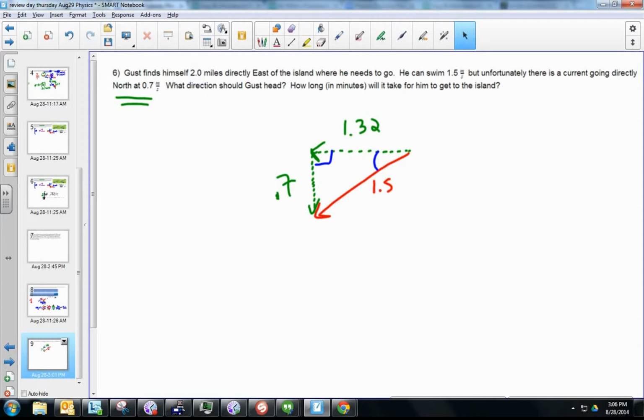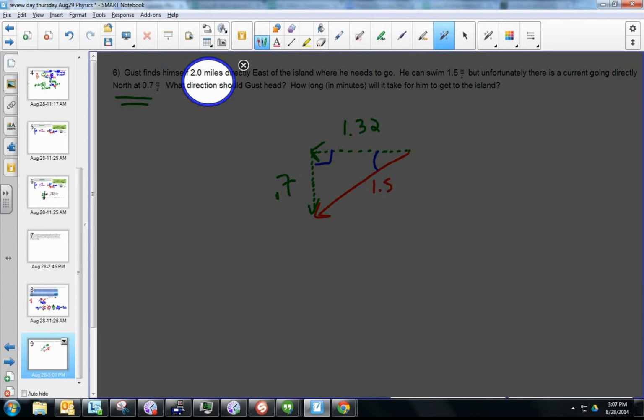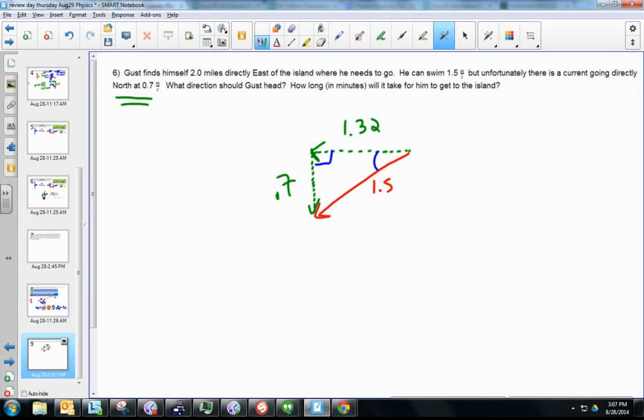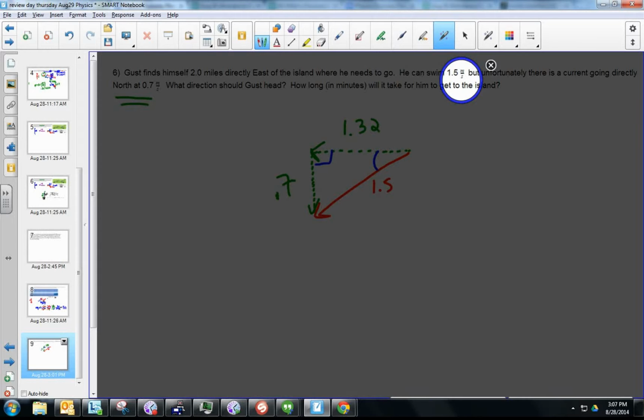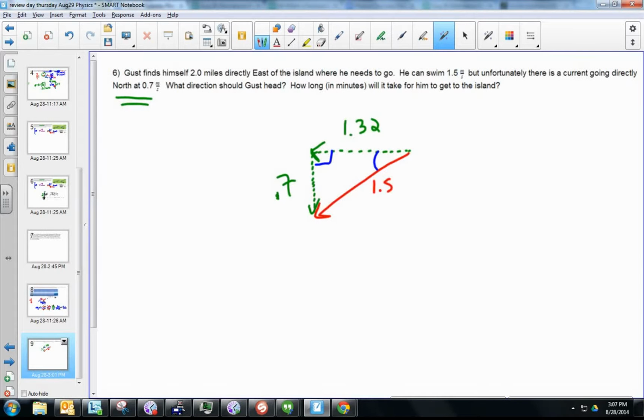So this right here where it says 2 miles, that's a distance, and you can't have it in the same triangle with velocities. When we do a triangle, everything in the triangle has to be velocities. And so the distance is just off to the side. We're going to worry about it later.